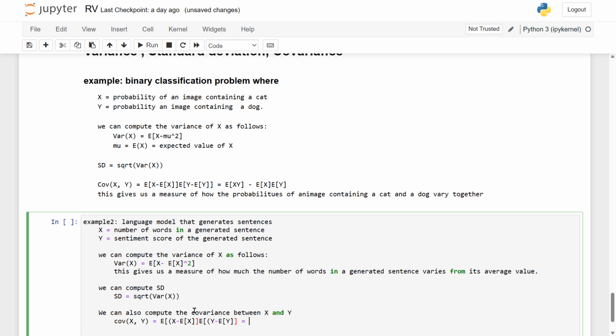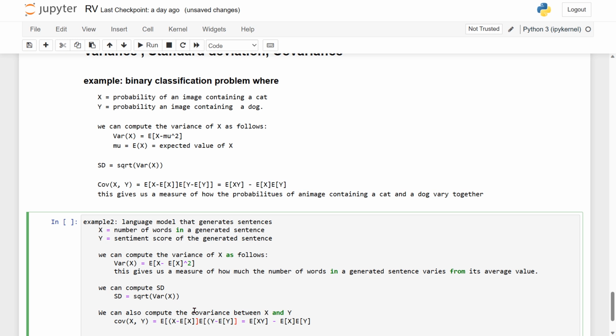So this can be converted into E of xy minus E of x multiplied by E of y. That's it. So with this we can calculate the covariance. So here E of x and E of y are the expected values of capital X and capital Y respectively.